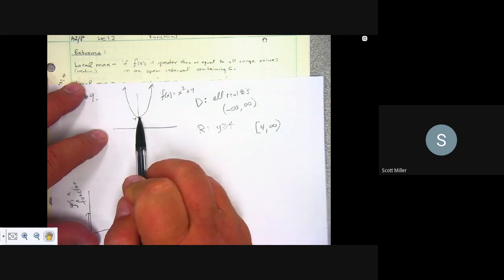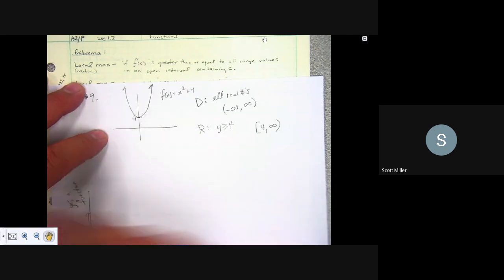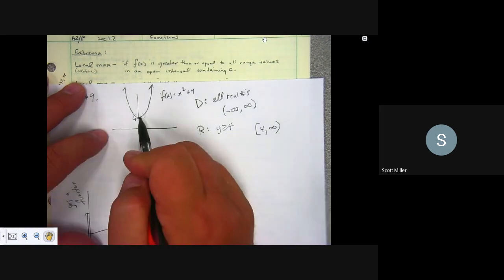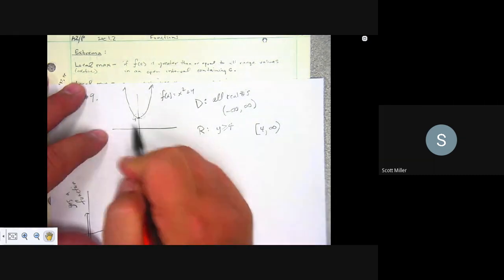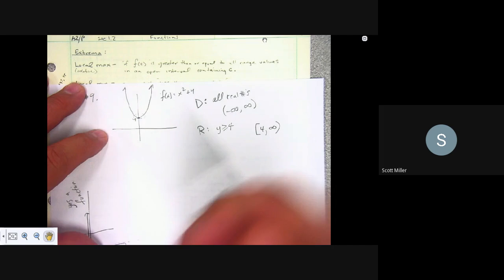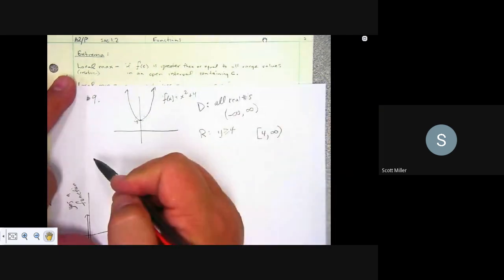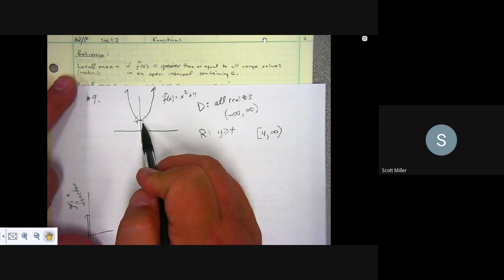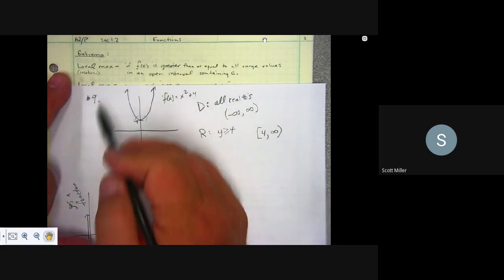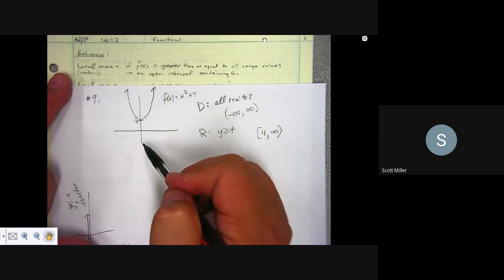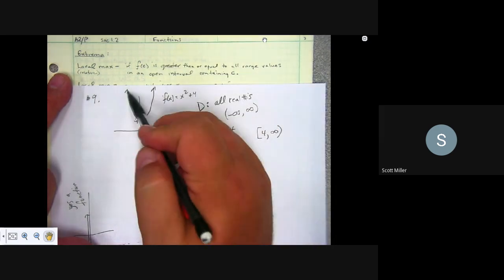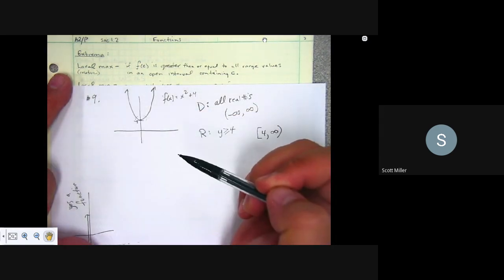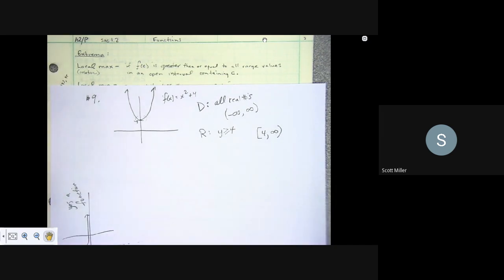This point right here is a local minimum, because it's the lowest number for all the ones right around it. But in the entire graph itself, this point is also an absolute minimum, because that is the lowest point on the entire graph. There is no absolute max and there is no local max in this graph. So that's what the definitions mean there.